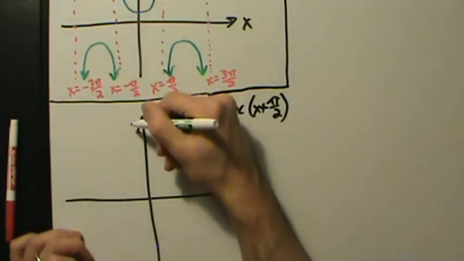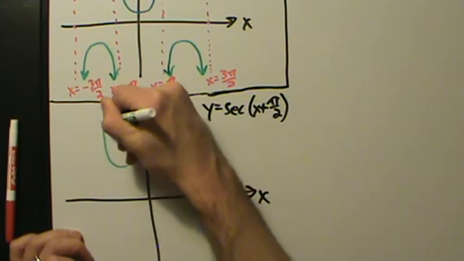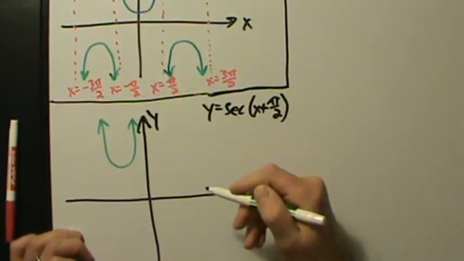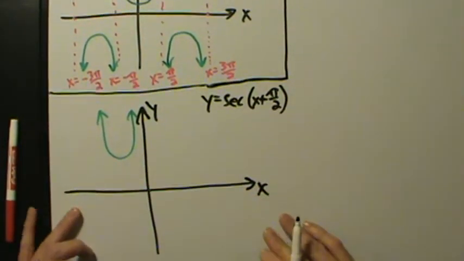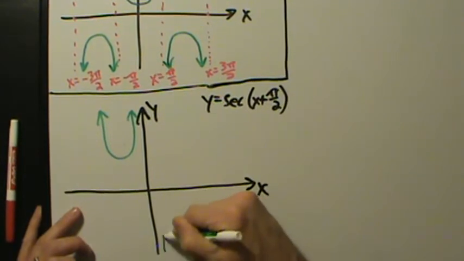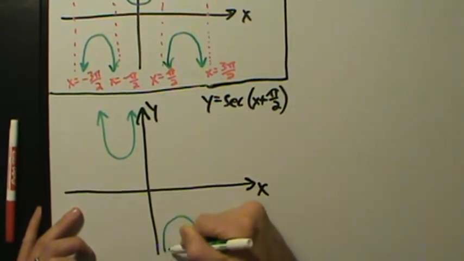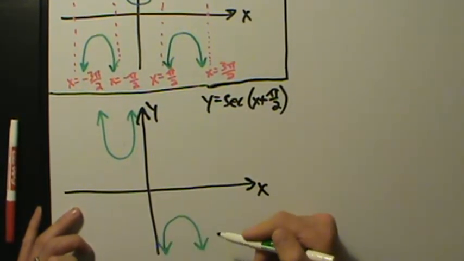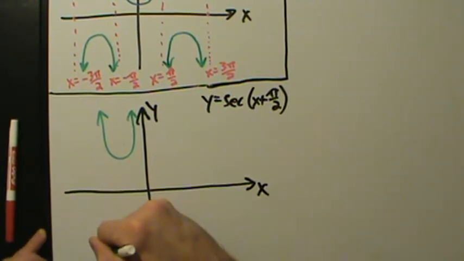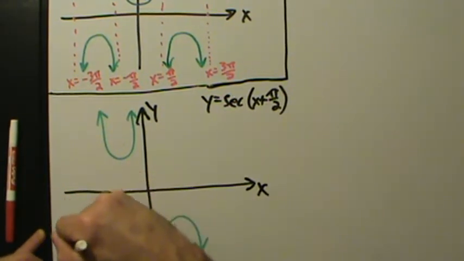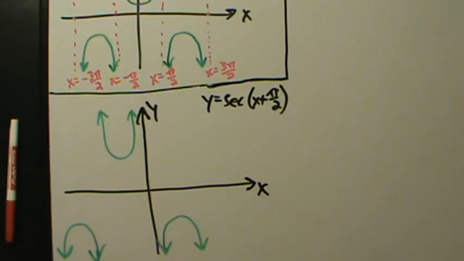It may have been easier actually to start with the asymptotes, but we're just making rough sketches. This intermediate step actually isn't really that important, so we don't have to worry about it too much. But anyway, shift everything over to the left by pi over 2 units.